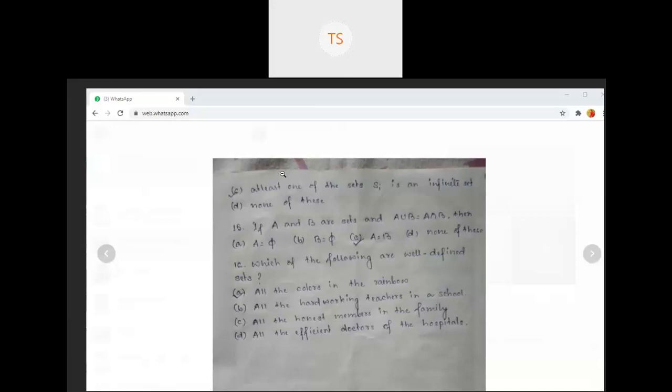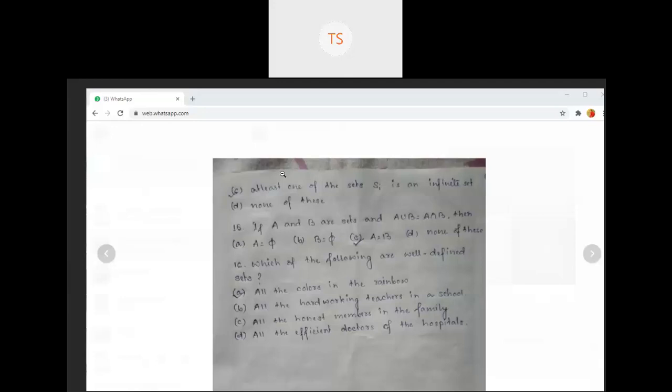But see the other options. All the hard-working teachers in a school. What is the definition of hard-working? Do you have a proper definition of hard-working? No, it is a relative term. So the second sentence is not forming a set. Now the third one, option C, all the honest members in the family.